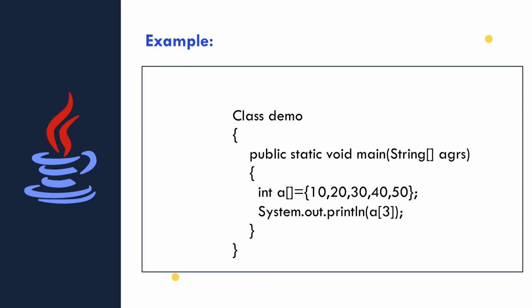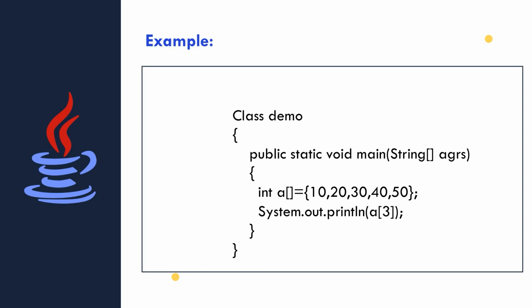It will refer to all the indexes of the array. We can directly access any element of the array through the reference variable of the array. Let us understand with the help of an example. First we have to create a class whose name is Demo. Then we have to initialize an array under the main method: int array a, then assign the elements to the array a.